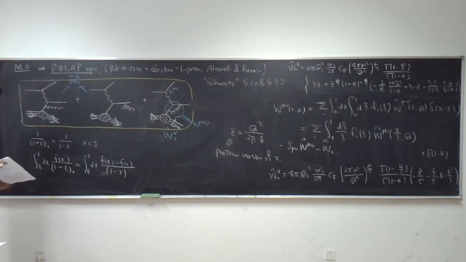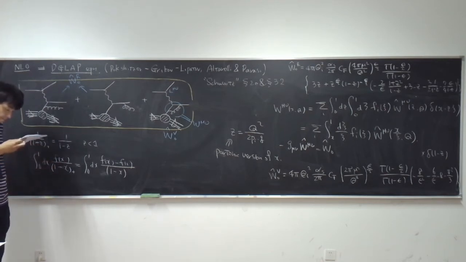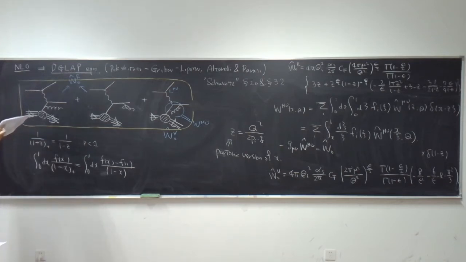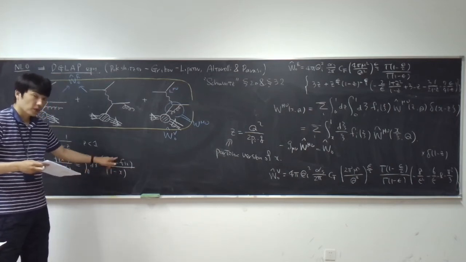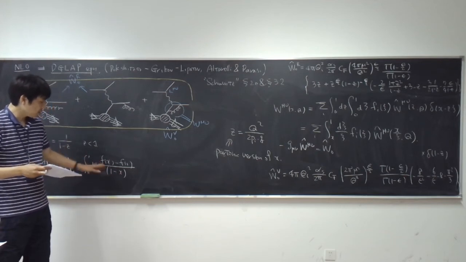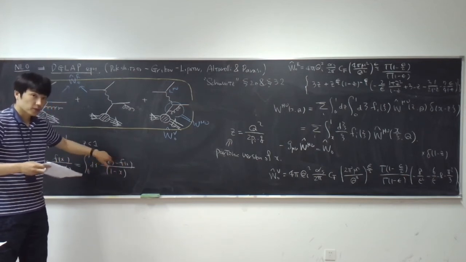I don't know how they introduced this plus function. When z is less than 1 it is the same, but when x is equal to 1, you have to take the difference, so the 1 minus x will cancel the denominator.